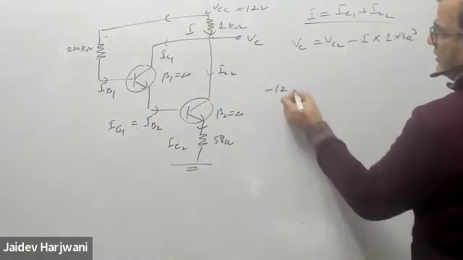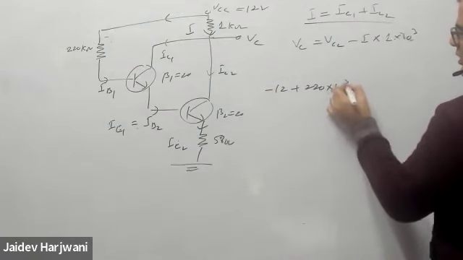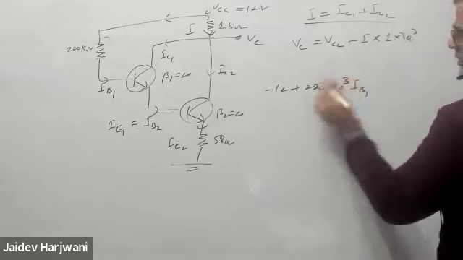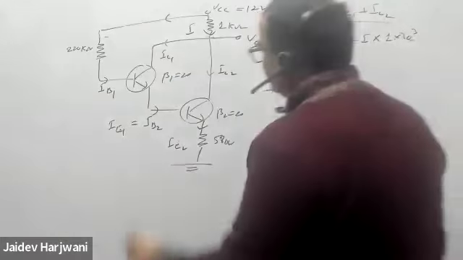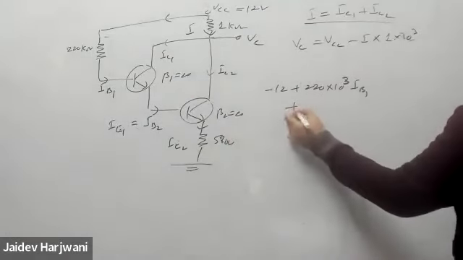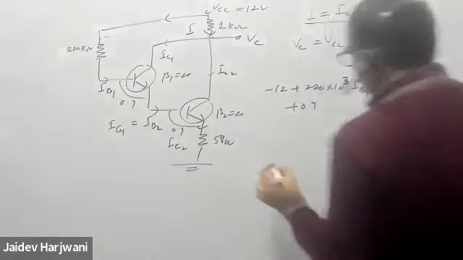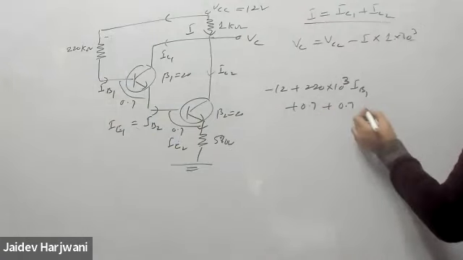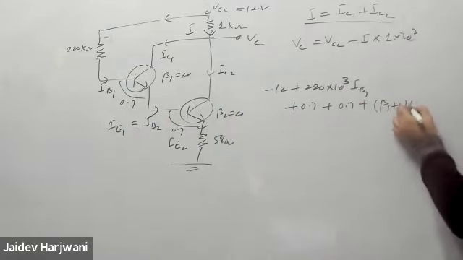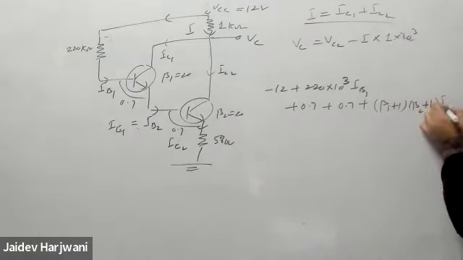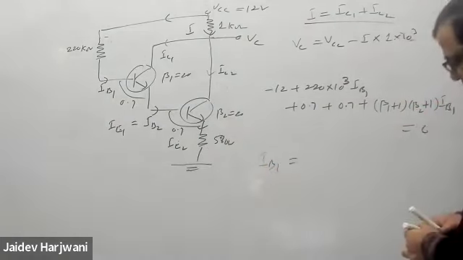So this will come: minus 12 plus 220 kilo ohm into IB1, then you can take 0.7 plus 0.7 drop, this one, and then this 0.7 drop, 0.7 plus 0.7 plus what? This is your beta 1 plus beta 2 plus 1, IB1 equals 0, and this will give me the value of IB1.